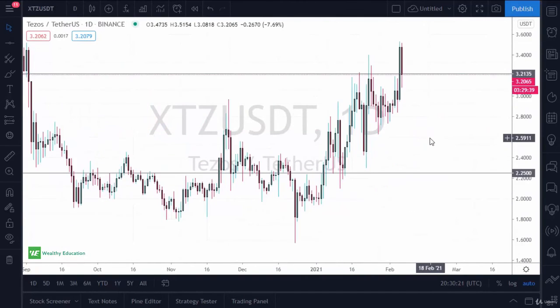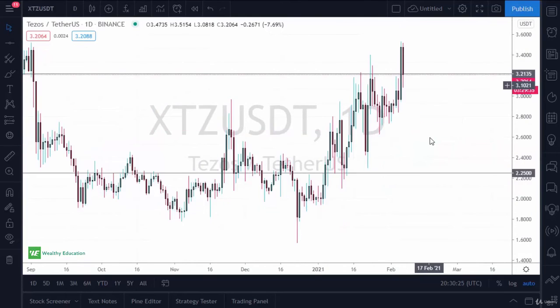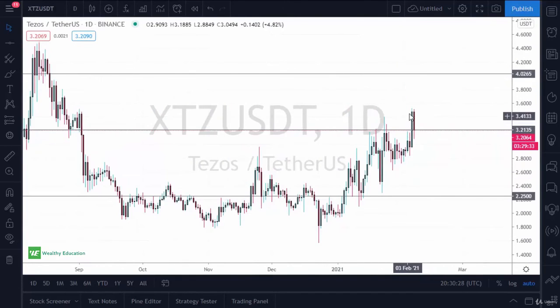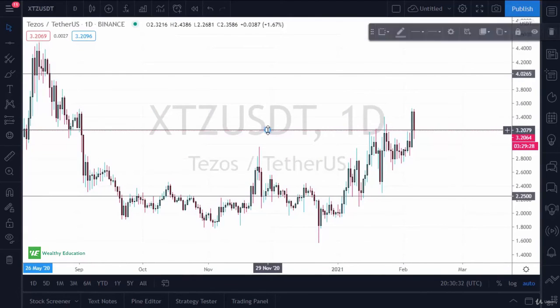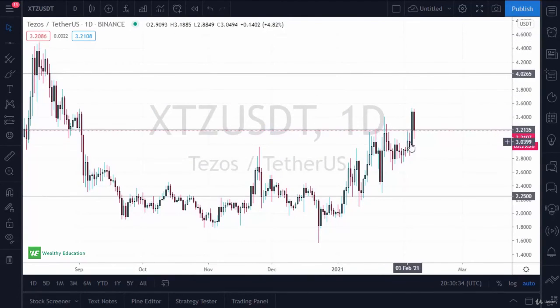And we will go through using those as well. So, for example, on this daily chart on Tezos, we broke above what I would consider to be the 3.20 level on this candlestick. And we've pulled back, and notice how it looks like we are trying to find buyers here again. That's what you're looking to see.